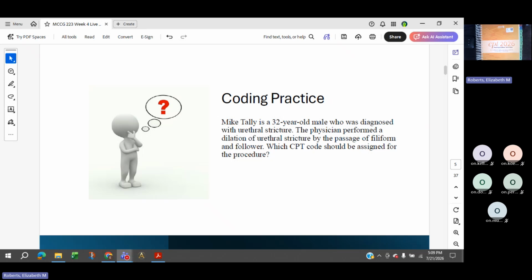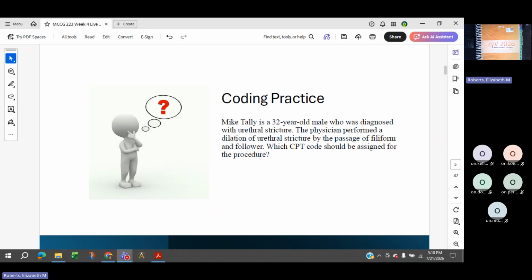Okay, so let's think about the two questions that I always have us ask: what did we do and why did we do it? In this case, we know that this patient has a urethral stricture that would be reported with an ICD-10-CM diagnosis code. The CPT code, however, is going to be reported for the dilation of the urethral stricture.